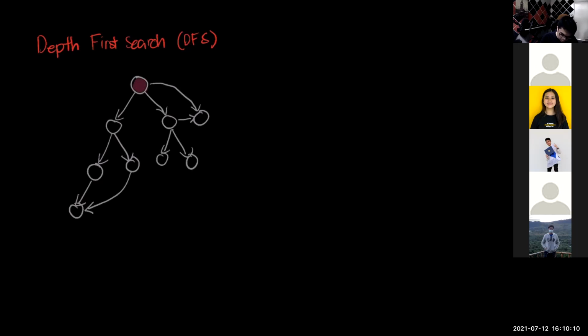Let's call this our start node. And what DFS does is it tries to expand nodes as far as it can go.